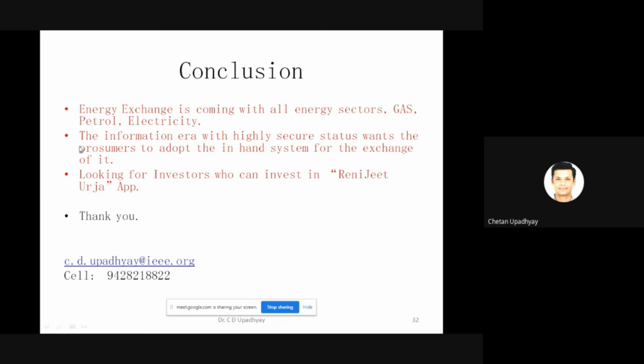So the overall presentation of all my three sessions says the information era with highly secure status, meaning cybersecurity problems and all, wants the prosumers, that is producers and consumers, to adopt. That means lots of hardware is going to be required, and that is an in-hand system. It is not going into a computer house with many engineers sitting, but an in-hand system, that is your mobile itself, for the exchange of energy.